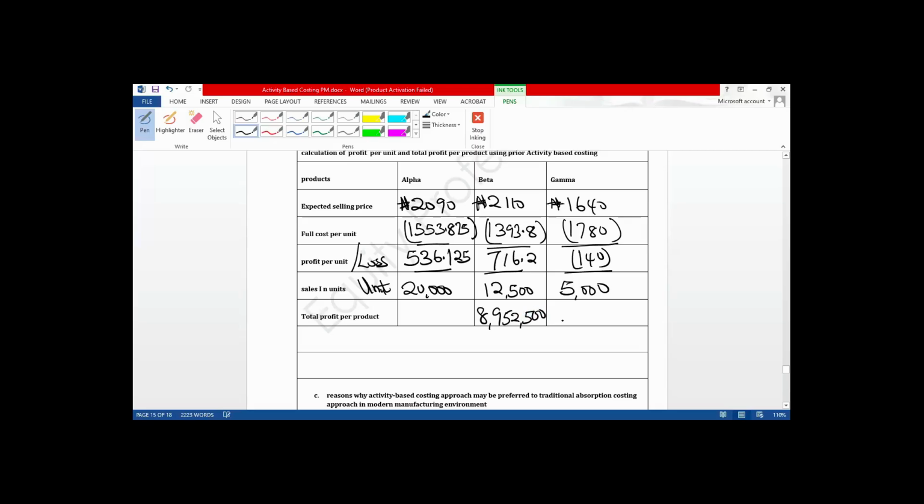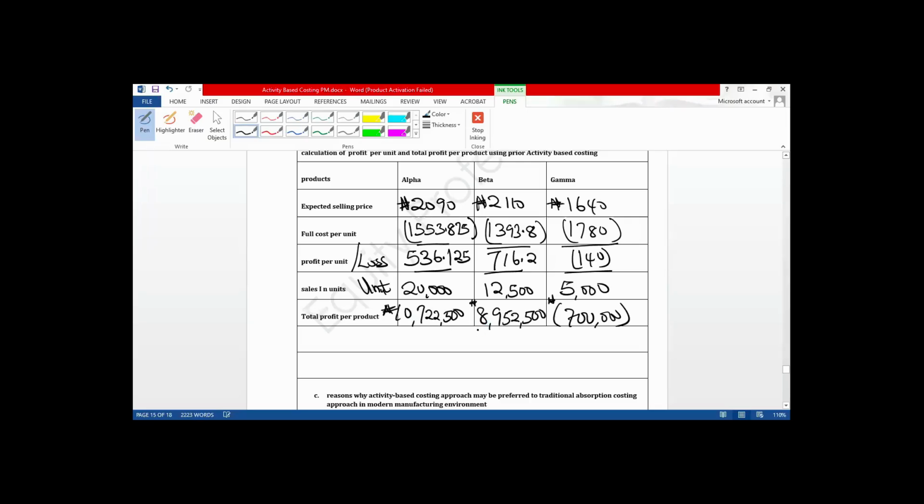This will give me negative 700. In Naira amount, you have gotten total profit or loss.